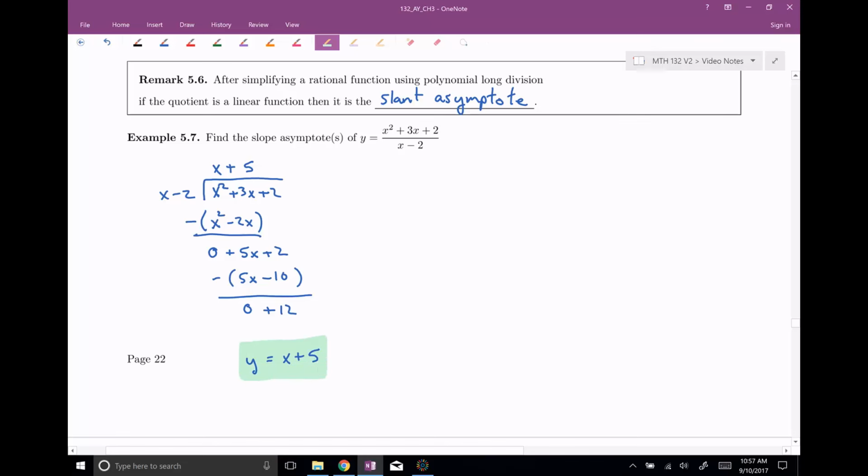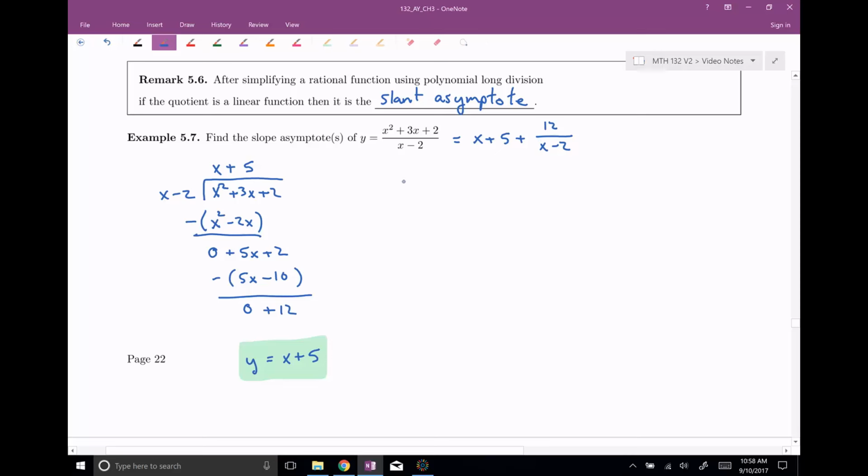Now, if you want to go ahead and check, maybe you're paranoid that we made a mistake or something like this, I don't blame you. But it's useful to recall that we can now represent this as the quotient, x plus 5, plus the remainder, 12, over the divisor, x minus 2, or the denominator there. So using the polynomial long division, this is another way that we can represent this.